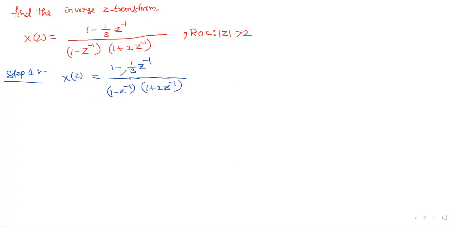Now, if the question is given in terms of Z inverse, simple, you write Z inverse is nothing but 1 by Z. So you will write 1 minus 1 by 3 into 1 by Z whole divided by 1 minus 1 by Z, here also 1 plus 2 into 1 by Z.